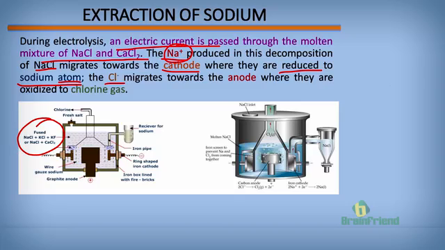The chloride ion is negative, so it is going to migrate towards the positive electrode. All right? So it migrates towards the graphite anode, okay? And there it will be oxidized to chlorine gas. So the sodium ion is reduced to sodium atom, while the chloride ion is oxidized to the chlorine atom. So the sodium atom given off at the cathode is going to go out through this receiver for sodium.